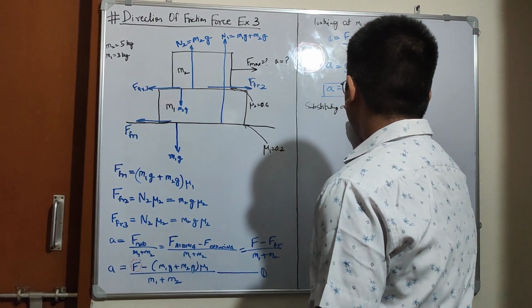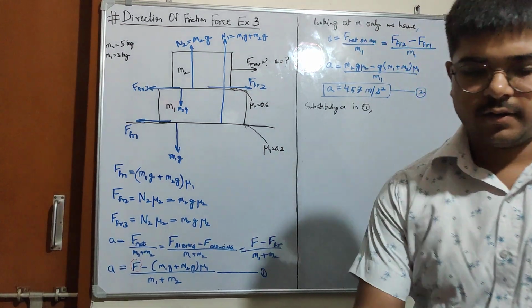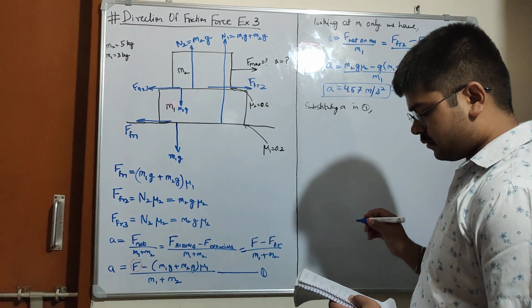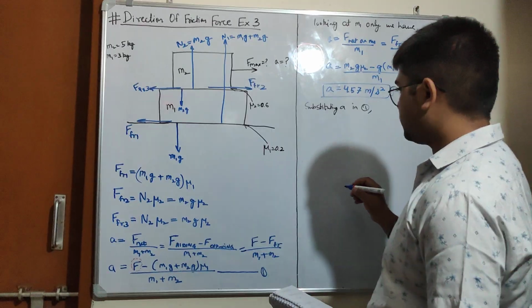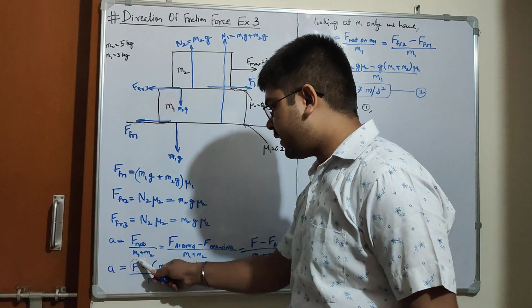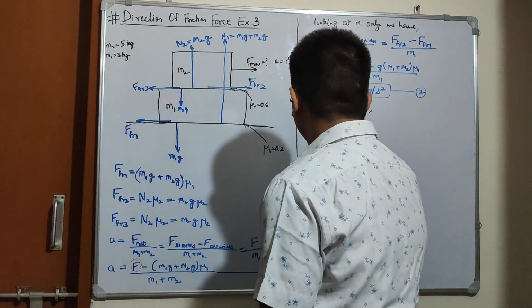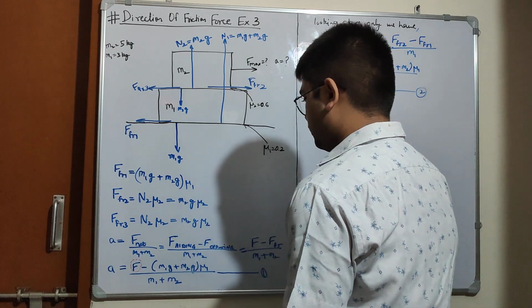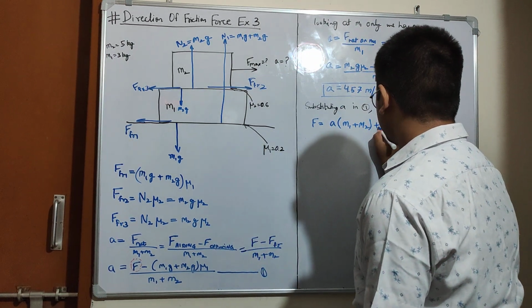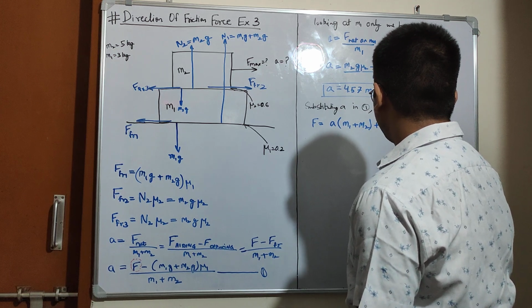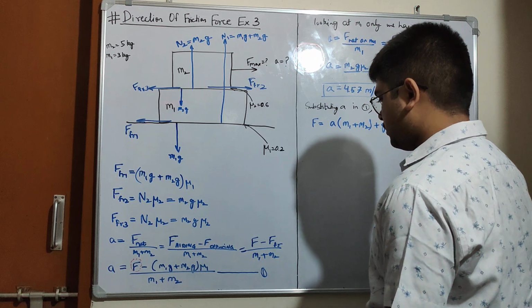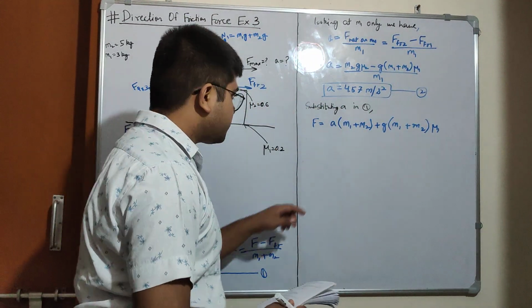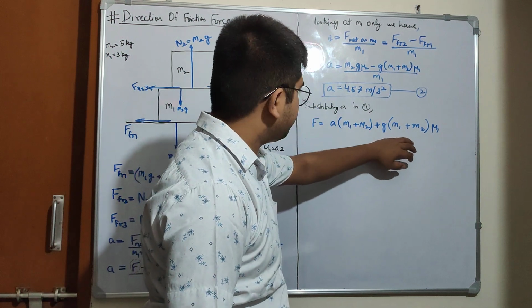Substituting A in 1 and isolating F, we get the expression F equals A times (m1 plus m2) plus g times (m1 plus m2) times mu1.